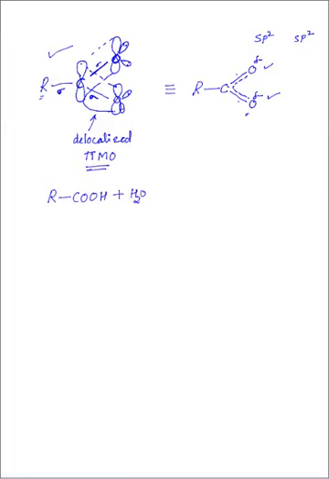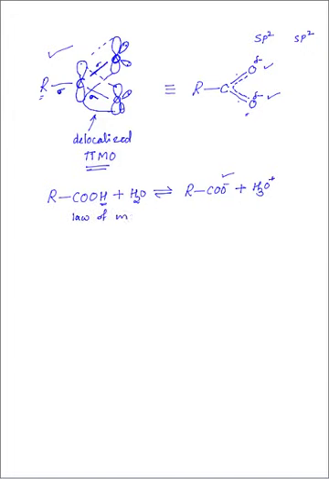So in the solution or in water they ionize as RCOO minus plus H3O plus. A compound is said to be an acid when it releases H plus and becomes the anion; only then is it called an acid. So for this formula, suppose we apply the law of mass action.